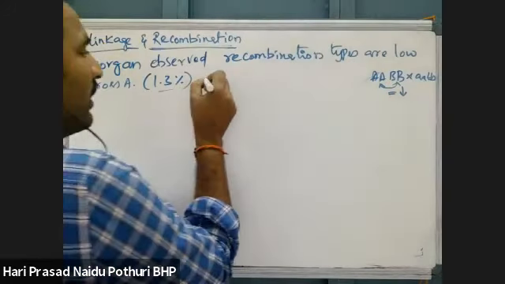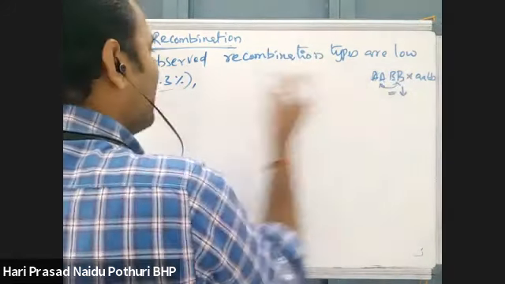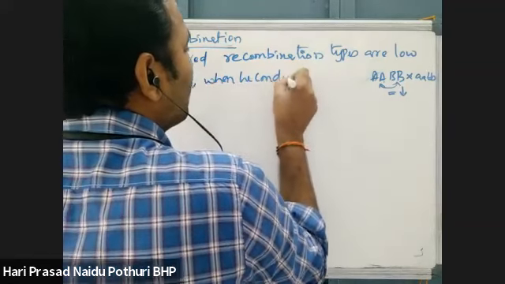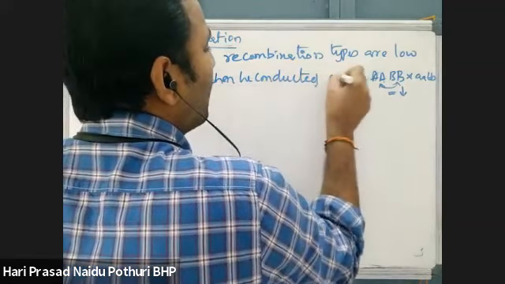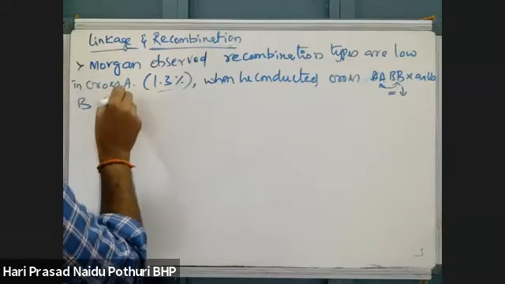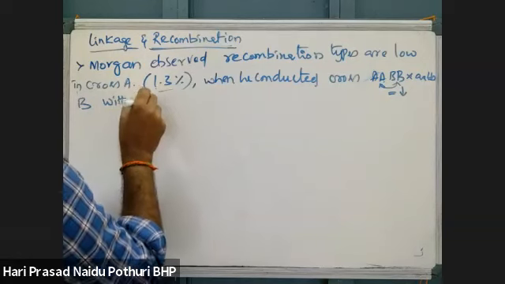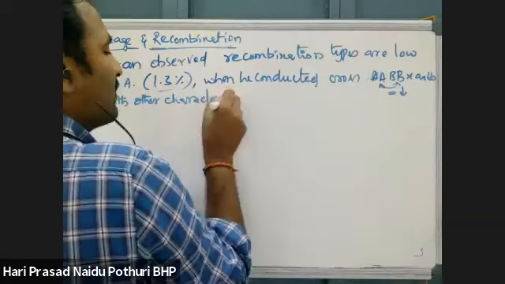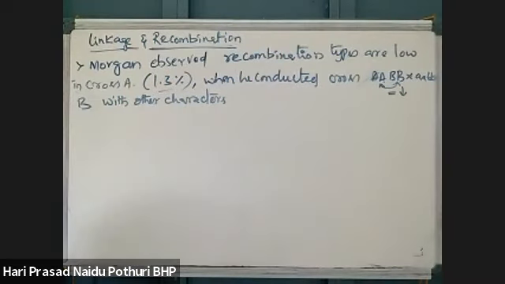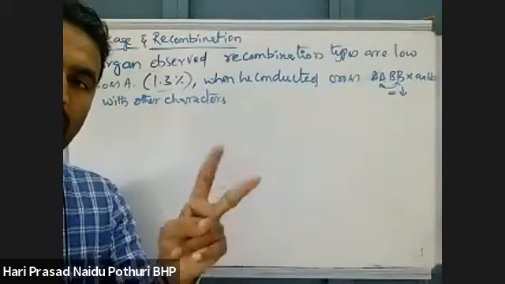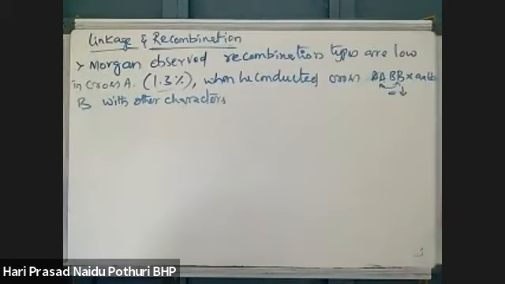But he conducted crosses by taking other characters. When he conducted cross B with other characters, suppose yellow body and white eye, which are characters of Drosophila, he conducted one cross with those two genes.